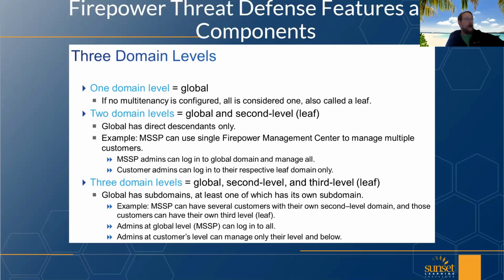That's where I say, okay, this is my organization, and here are my different departments. A three domain level is where you have a root, then you might have a regional level, and then a third layer for maybe department per region. As just an example, it's just a folder directory, folks.